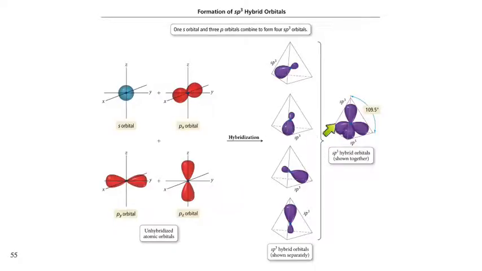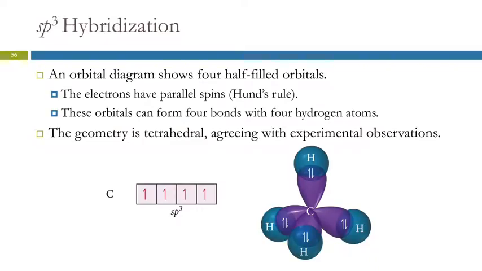So now each of these hybrid orbitals, sp3 hybrid orbitals, for carbon is going to have 1 electron in it, and it can overlap with a half-filled orbital on hydrogen. So remember hydrogen, our little friend.